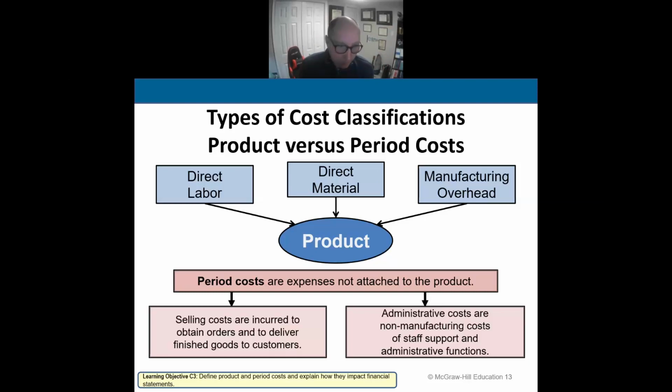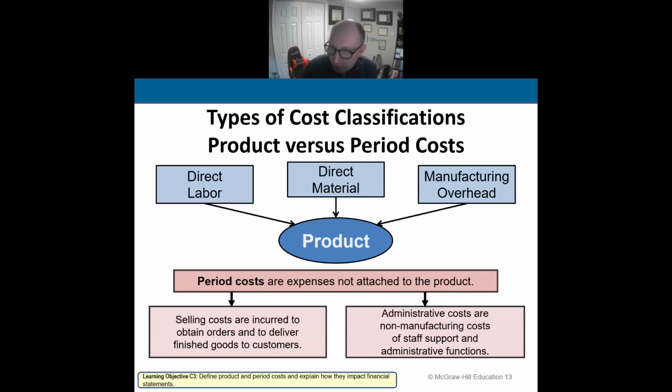The costs impact the financial statements, income statement, balance sheet. These costs happen during the accounting period.